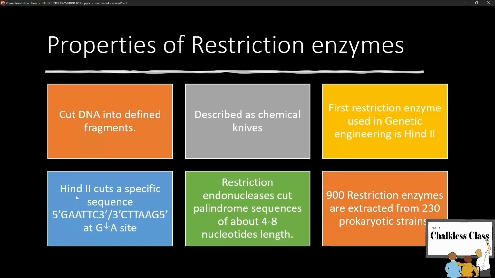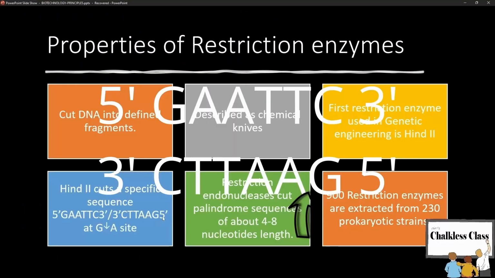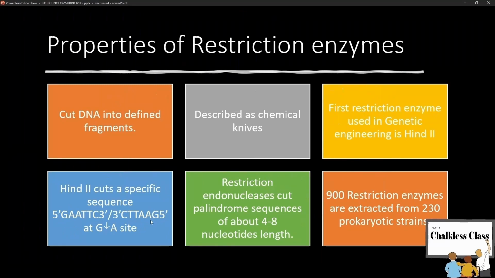This cuts a specific sequence, 5 prime to 3 prime, GAATTC, and the other strand is the complementary strand. Always it cuts this sequence in between G and A. So always it cuts in the 5 to 3 direction, between G and A. Suppose look at this one: here AG is there, and it will cut here, reading 5 to 3, and it forms sticky ends.